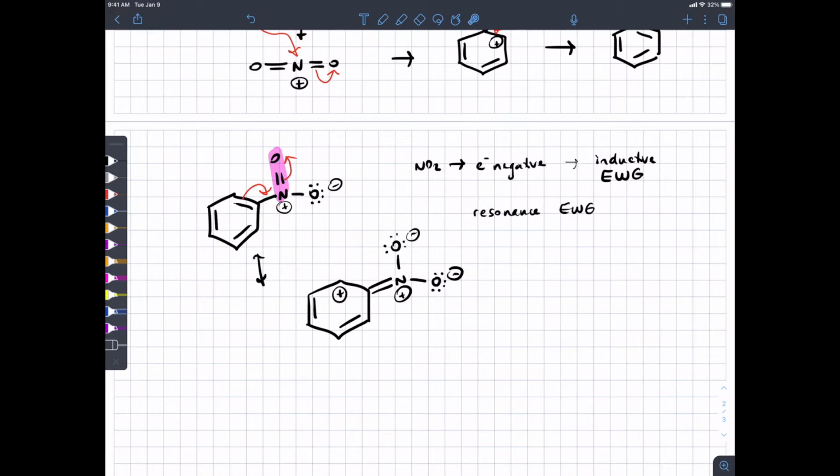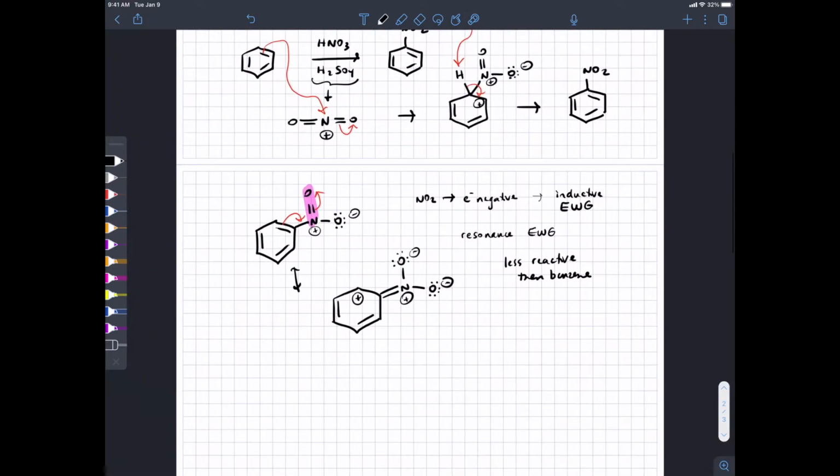So you would expect nitro to be a really good electron withdrawing group because it has both that effect, both in terms of resonance and through electronegativity. So nitrobenzene is less reactive than benzene.